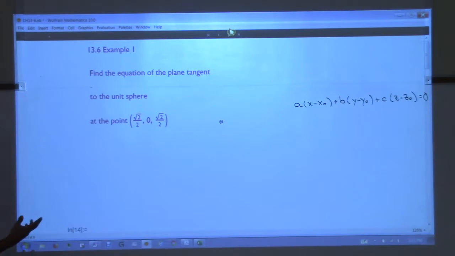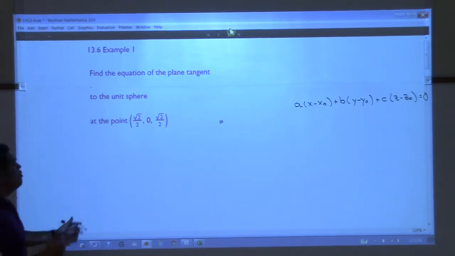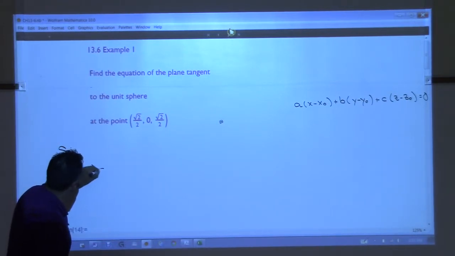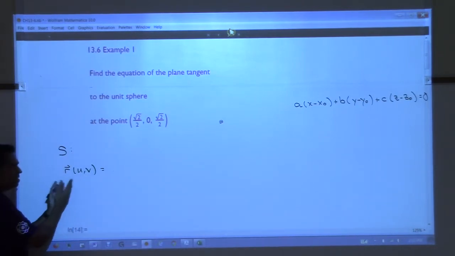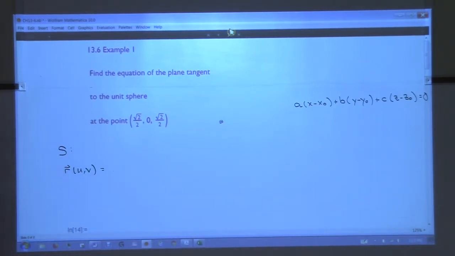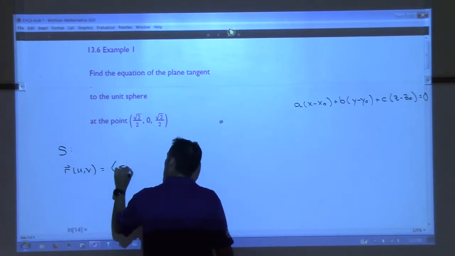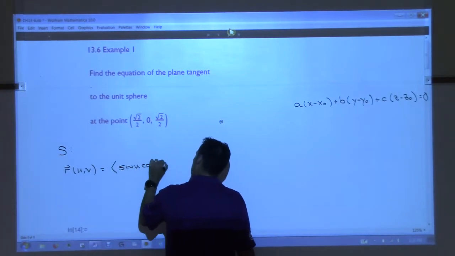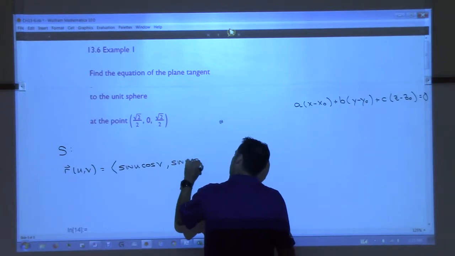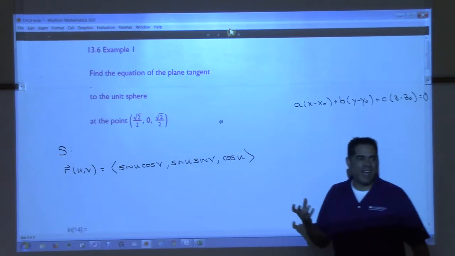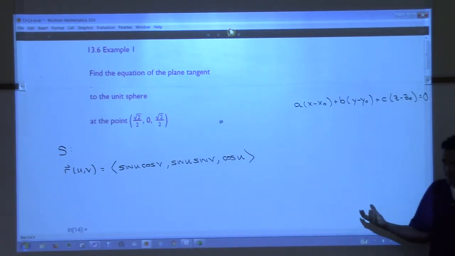So first we need to find out how we would draw this surface. How do we draw this surface S? Using what vector function? What parametric representation? What vector function of two variables can we use for the unit sphere? Yeah, the one we just did, right? Okay, so this was sine u cosine v, sine u sine v, cosine u. And remember, the u is acting like the phi was, and the v is acting like the theta.